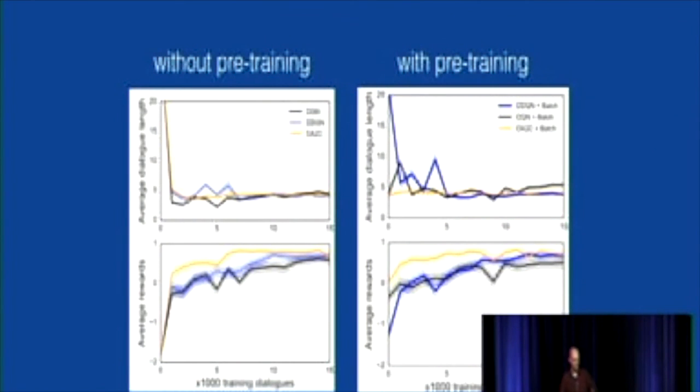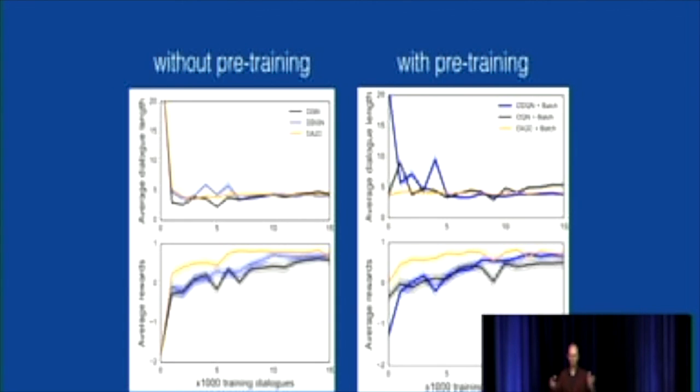So I want to end with some results. We compared a number of deep learning methods with and without pre-training on the policy manager. So you see DQN, which I discussed, DDQN, double DQN, and Deep Advantage Actor-Critic. On the y-axis, I've plotted the average dialog length.